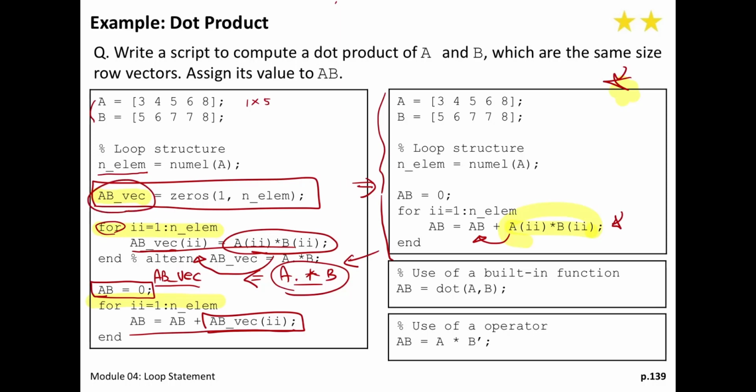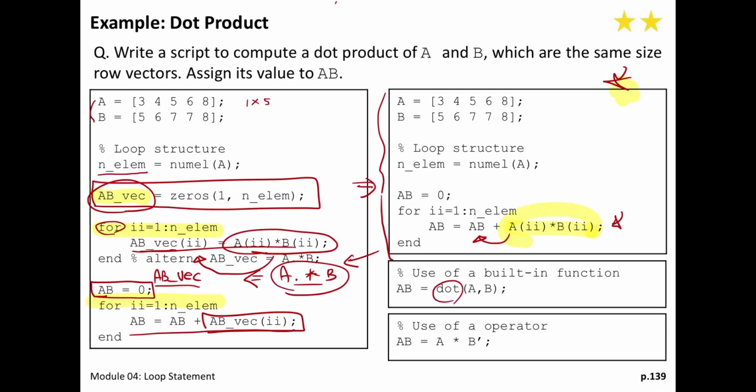However, there is a simpler way. We can use the built-in function. Let's say you want to do the dot product using MATLAB. The first step is googling dot operation MATLAB, and then you can find this dot function.